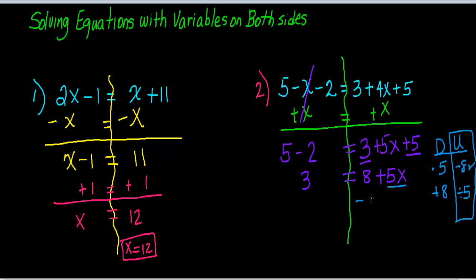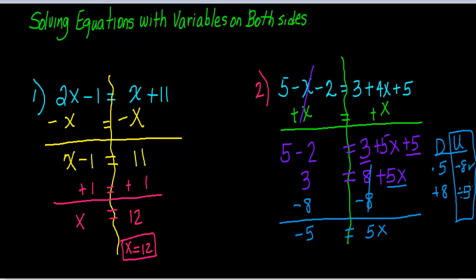Let's do that. When we subtract 8, we subtract 8 on each side of the equal sign. So on this side, 3 plus negative 8, or 3 minus 8, which is the same thing, is equal to negative 5. And on this side of the equal sign, 8 minus 8 becomes 0, which is what I wanted, and 5x.